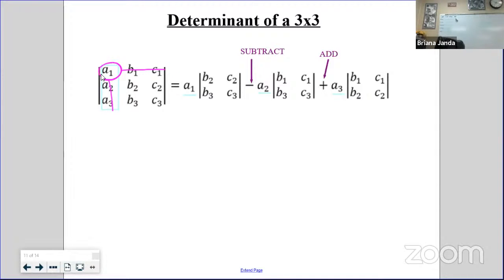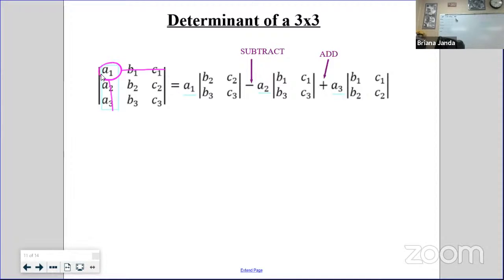This bottom 2 by 2 is this. If I cross off everything that A1 is involved in, its row and its column, the 2 by 2 that's left over is the 2 by 2 we'll use to find the determinant to multiply by A1.